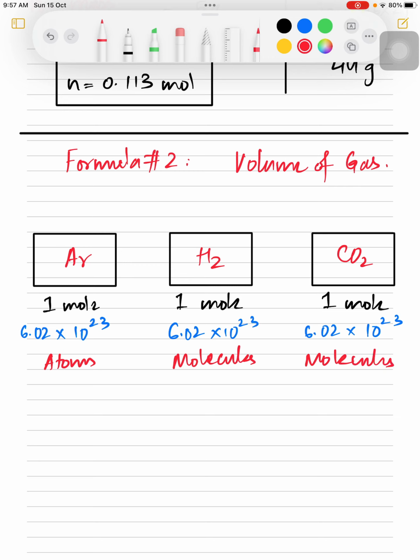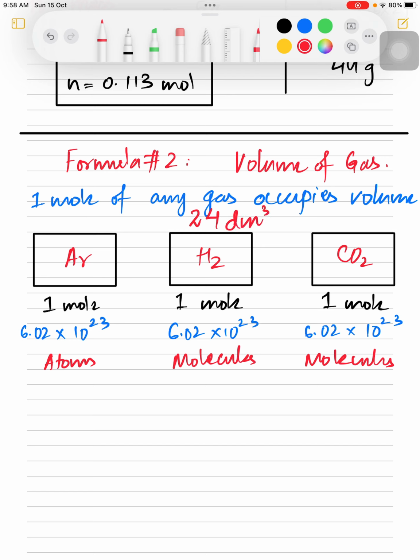So remember one thing, 1 mole of any gas occupies a volume of 24 dm cube.